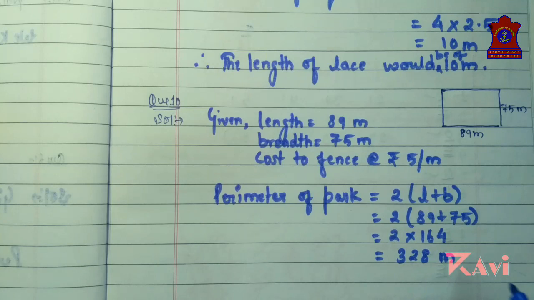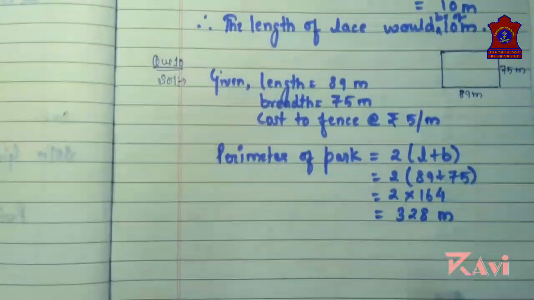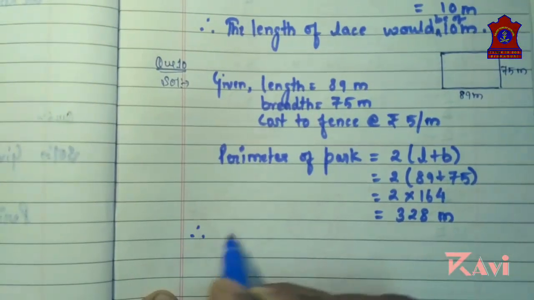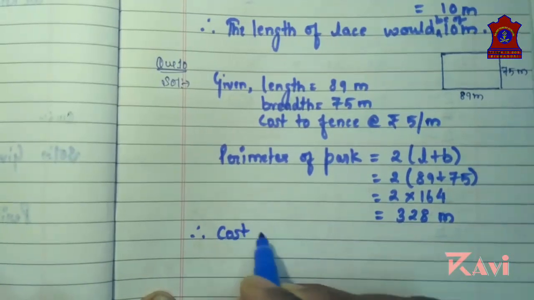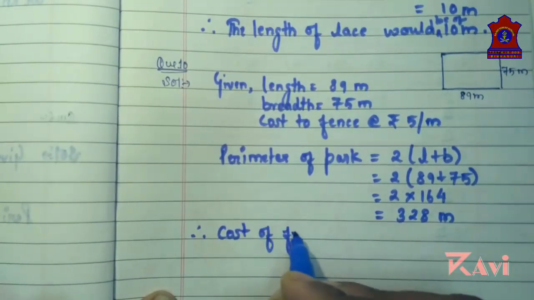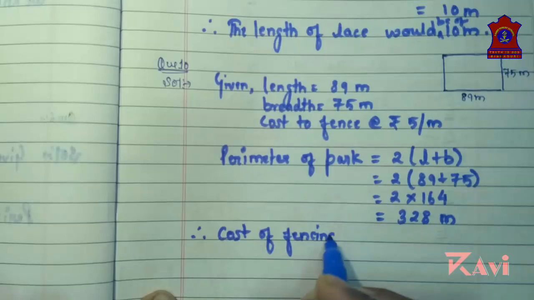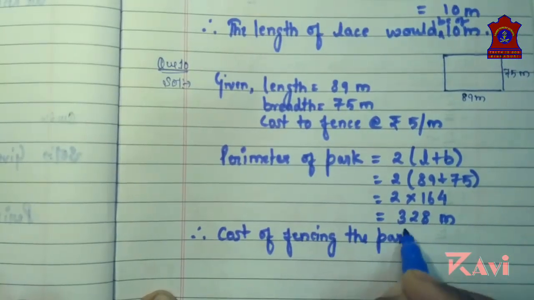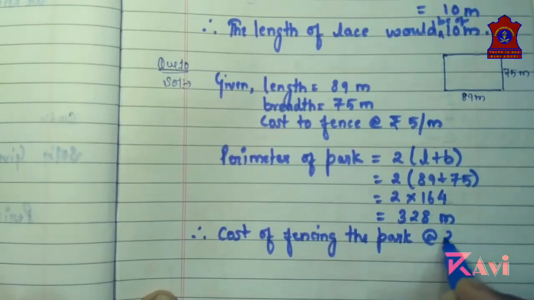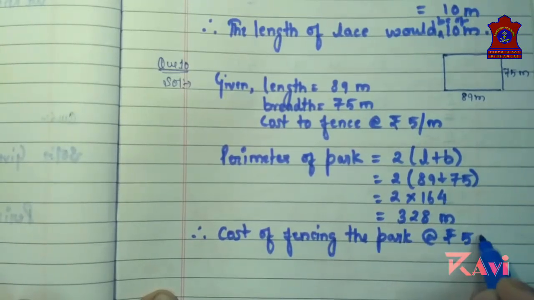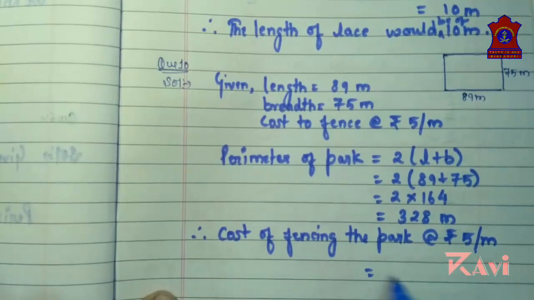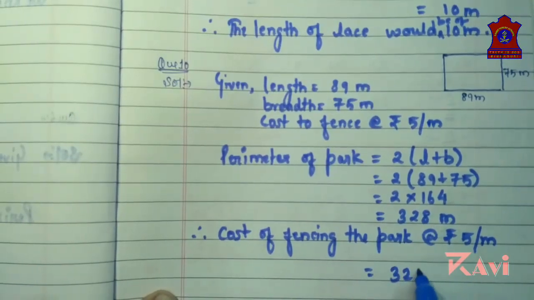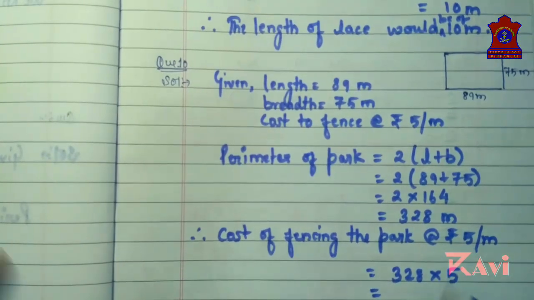Clear? Now therefore, the cost of fencing the park at the rate of rupees 5 per meter equals to what? 328 will be multiplied by 5.